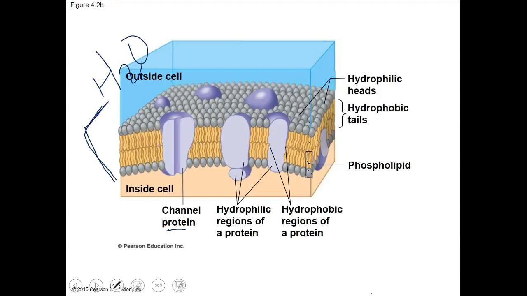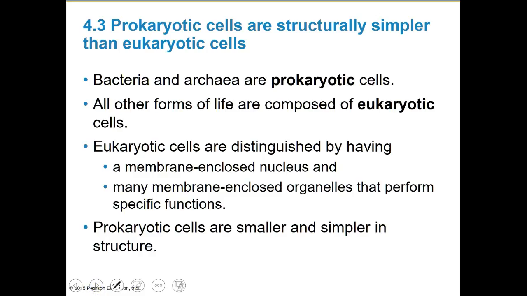It also goes to show that proteins have regions that are hydrophobic, and within that same protein there'll be regions that are hydrophilic and get along with water. So a lot of proteins have different parts with different structures to make them fit in there well. Something to think about.